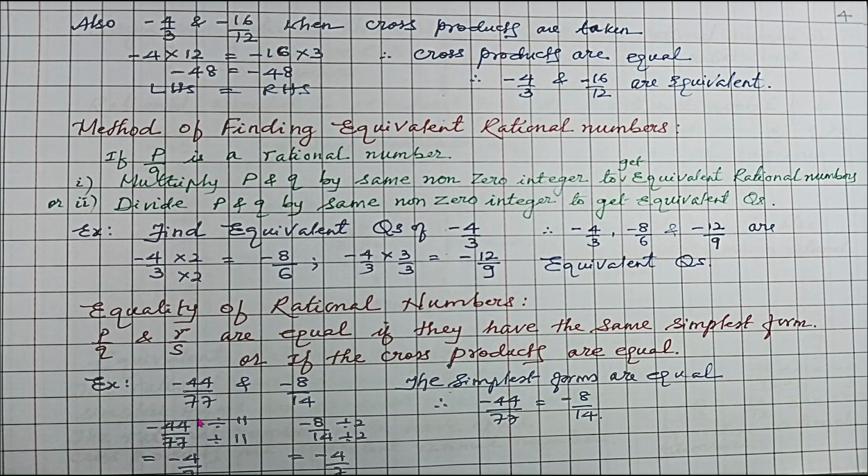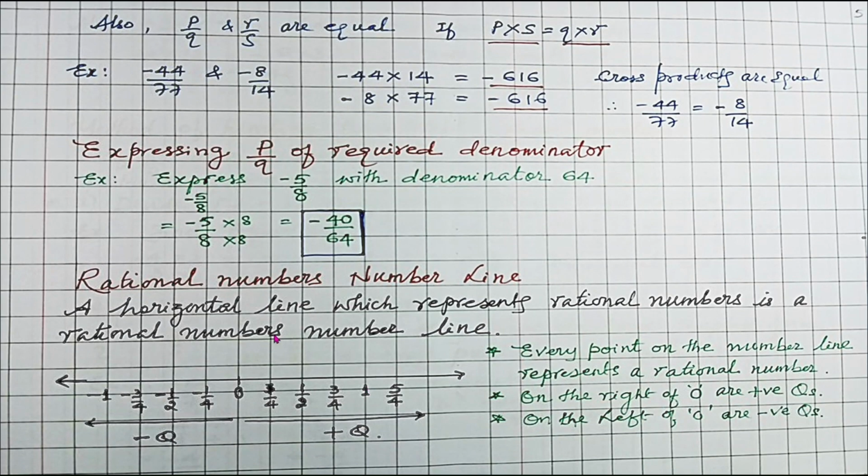If minus 44 by 77 and minus 8 by 14 are two rational numbers, the simplest form of minus 44 by 77 is minus 4 by 7, and the simplest form of minus 8 by 14 is also minus 4 by 7, and therefore these two are equal rational numbers. That is what you have to remember. Also, if I take p by q and r by s and take the cross products, that is ps and qr, if they are equal, they are still equivalent or equal rational numbers.